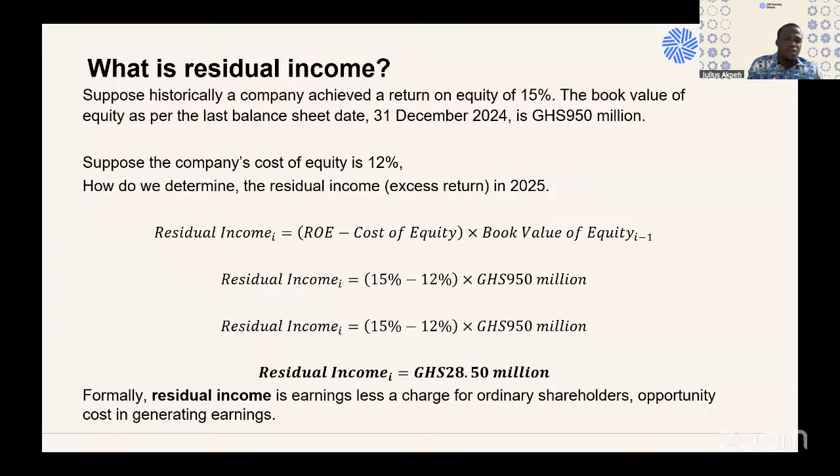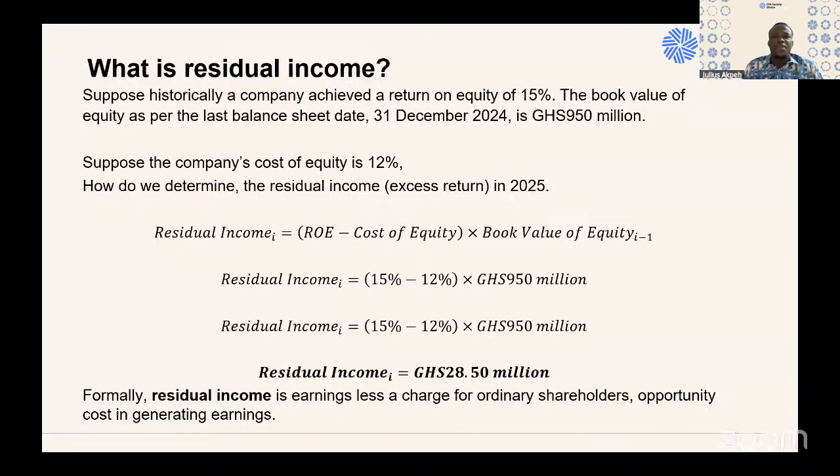A positive ROE means the company is profitable, provided its equity is positive as well. Because if book value of equity is not positive, we don't even calculate return on equity because there's nothing to return anything on. Is that okay? So if a company's ROE is positive, then it means the company is profitable. In other words, the company is generating profit.